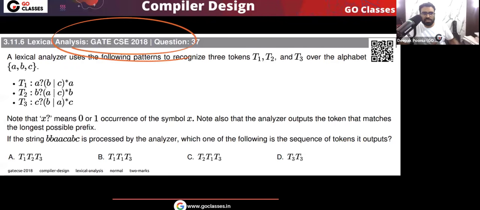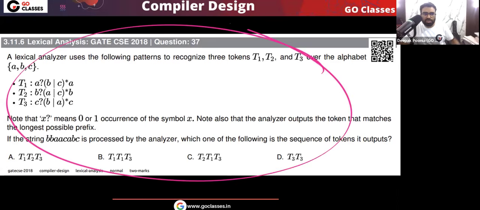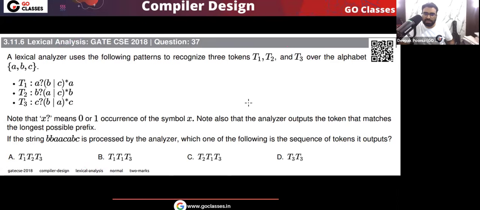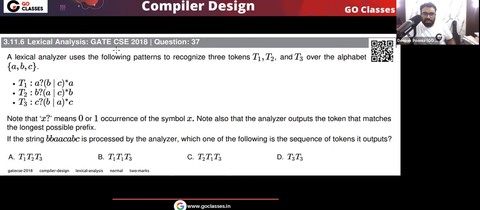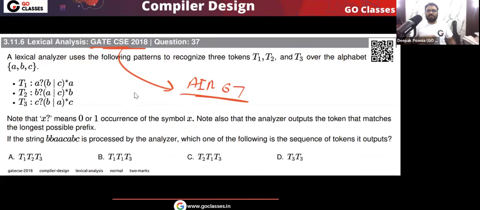Let me tell you, you can notice that this GATE exam question came in 2018. Before 2018, this type of question from lexical analysis never came. So before 2018, let me tell you, no student did this type of questions. So when this question came in 2018, let me tell you, in 2018 my rank was all India rank 67. Okay, this was the first time I got top rank in the GATE exam.